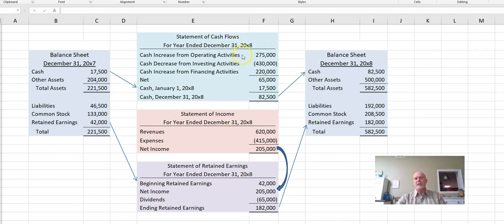But anyway, the statement of cash flows summarizes the cash collections and the cash payments that happen throughout the year.